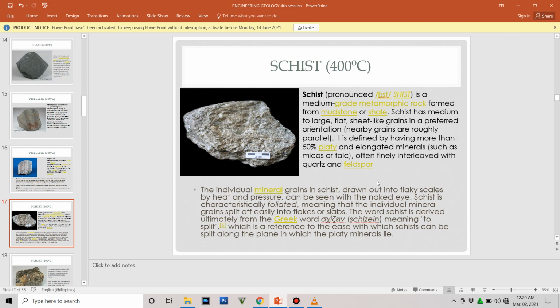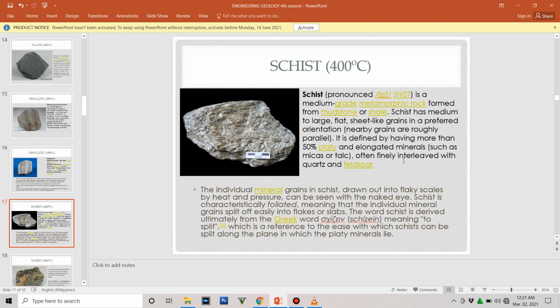So it is defined by having more than 50% platy and elongated minerals such as micas or talc. So kung titignan natin yung mga puti-puting yan, medyo para siyang elongated minerals. Okay, so it is more stretched minerals. So it is flaky in nature.